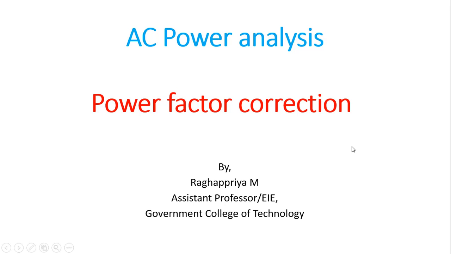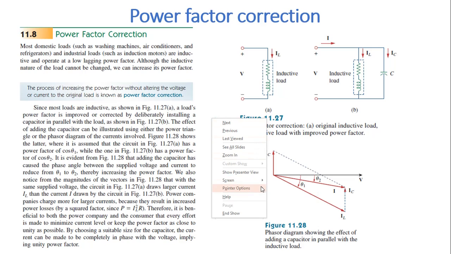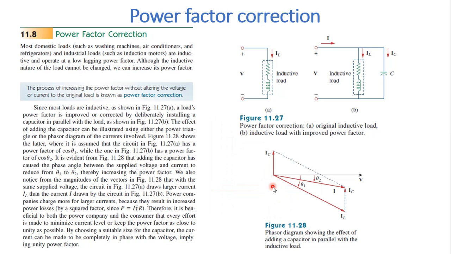In this lecture, we will discuss the concept of power factor correction. We know that the power factor is the cosine of the phase angle between voltage and current, and the power factor value lies between 0 and 1.